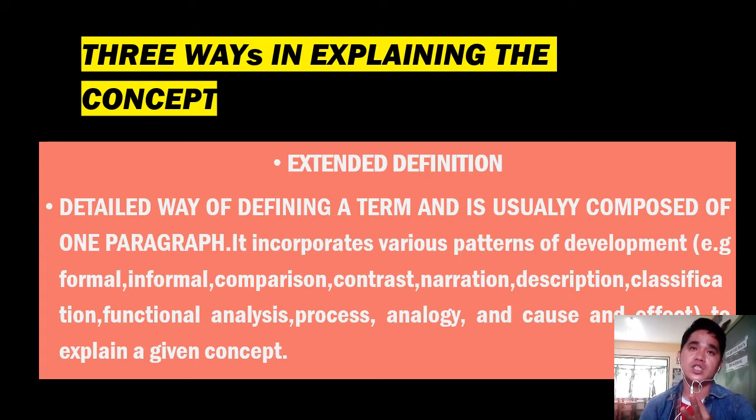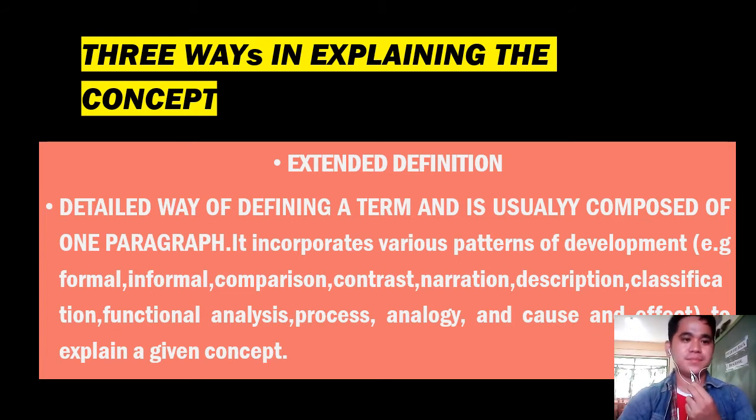So extended definition is really long, meaning to say it's in paragraph form, unlike formal definition and informal definition, which are very syntactic, or in sentence form only. So here, extended definition is a combination of everything, right? A combination of formal, informal, and other types of writing like narration, description, classification, and the like.